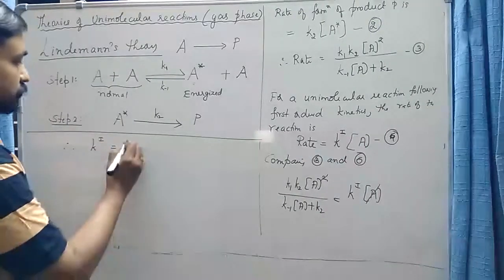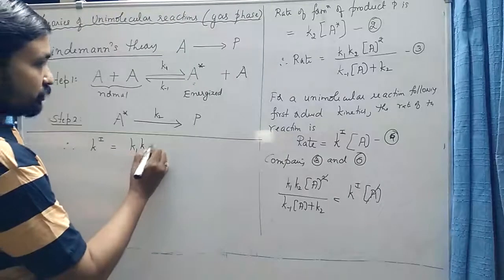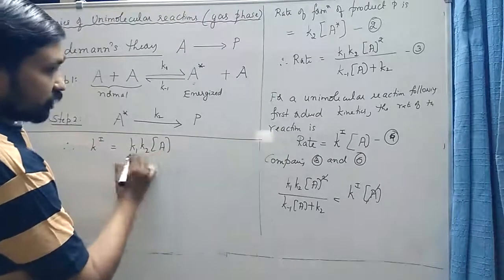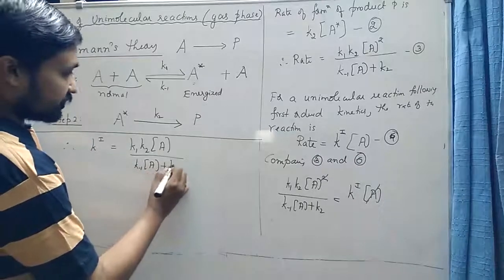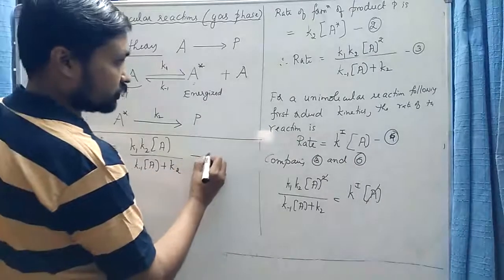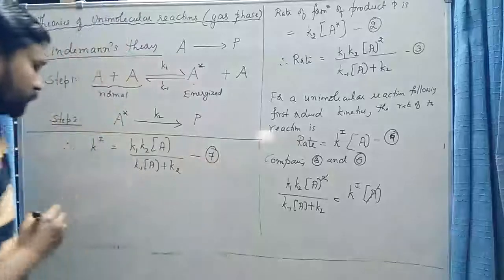K1 is equal to K1 into K2 into A divided by K minus 1 into A plus K2, equation 7.